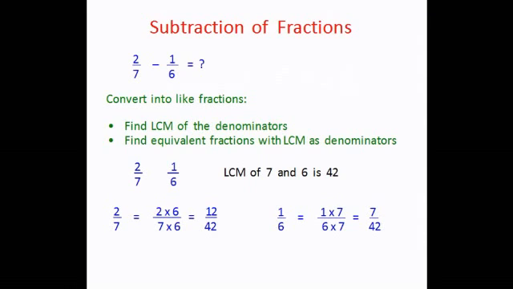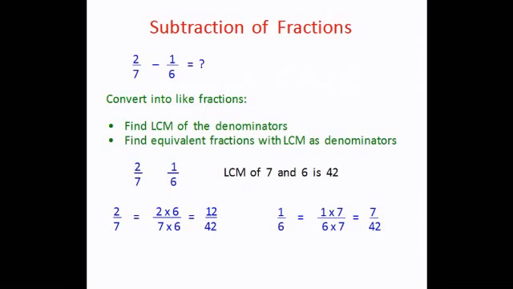So now let's find equivalent fractions. The equivalent fraction for 2 over 7 is 12 over 42. We multiplied the numerator and the denominator by 6. The equivalent fraction for 1 over 6 is 7 over 42. We multiplied here the numerator as well as the denominator by 7.